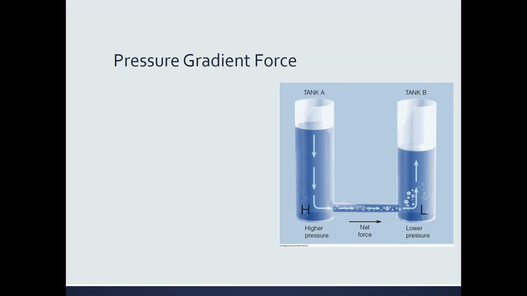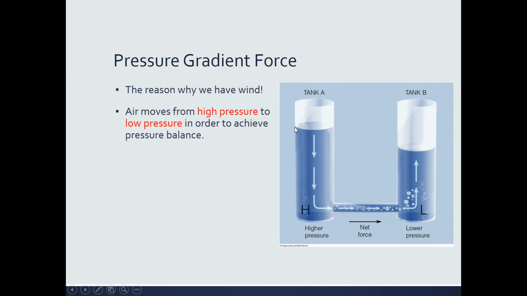Well, the way that this works is because you have high pressure in one area, that means that you have a location with an abundance of air molecules aloft. On the other hand, if you have low pressure in another area, you have fewer air molecules aloft.